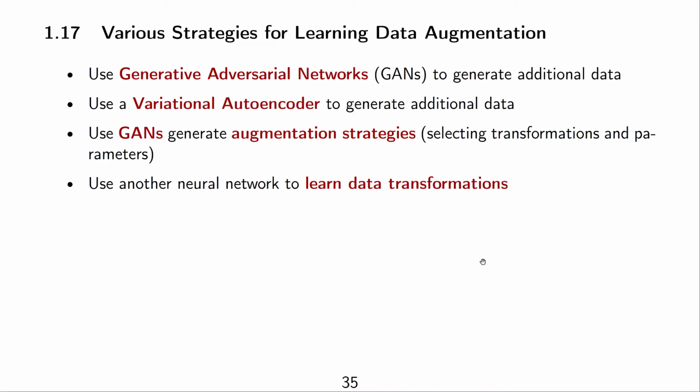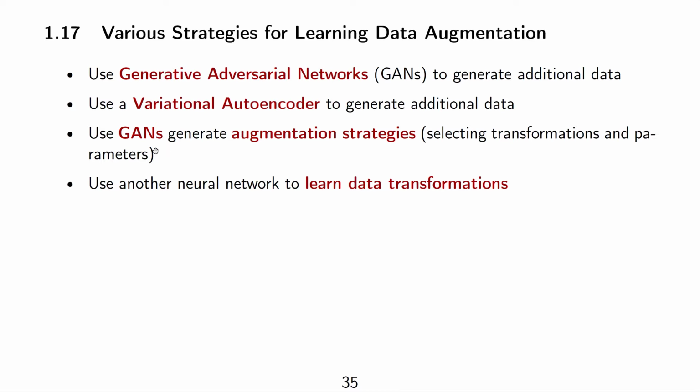So here are some other strategies that you could consider for learning data augmentation policies or strategies. One, you could use generative adversarial networks to generate additional data. Or you could use variational autoencoders to generate additional data.